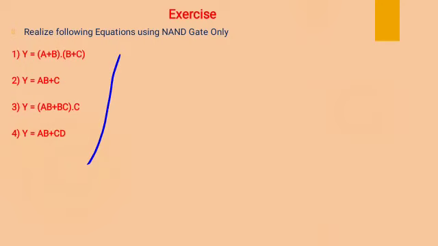Solve until we get the product terms, that is, solve until we can convert the OR operation present in the given equation into the AND operation, so that you can draw the logic diagram using NAND gate.